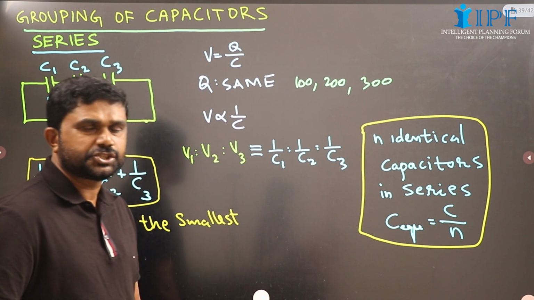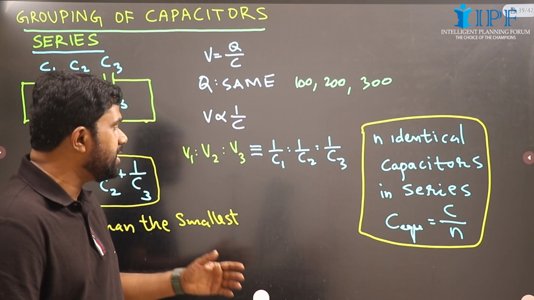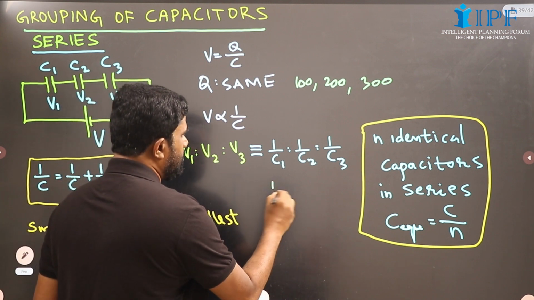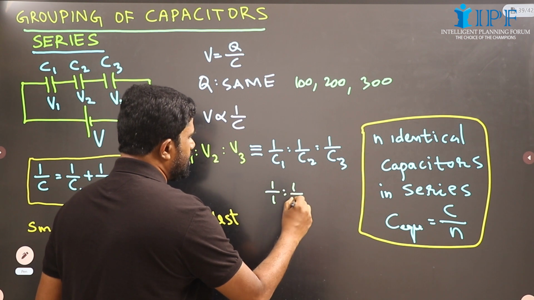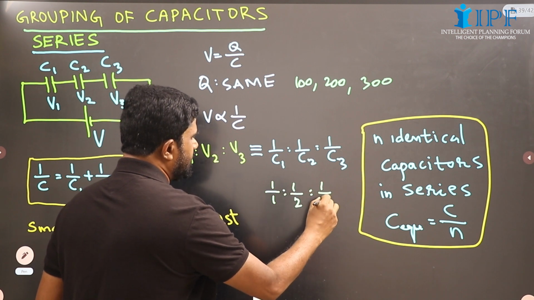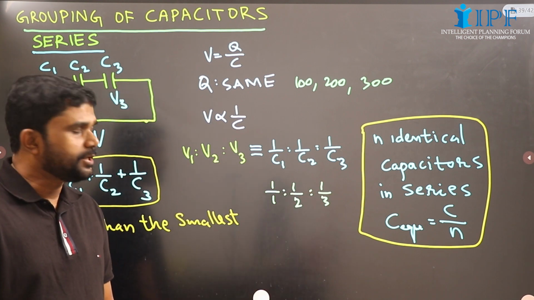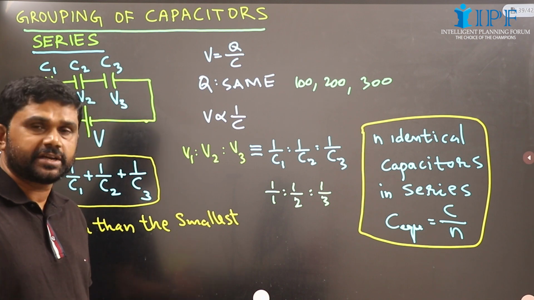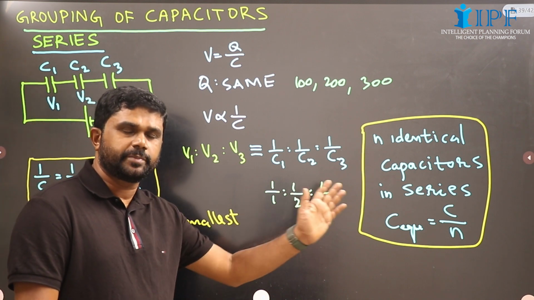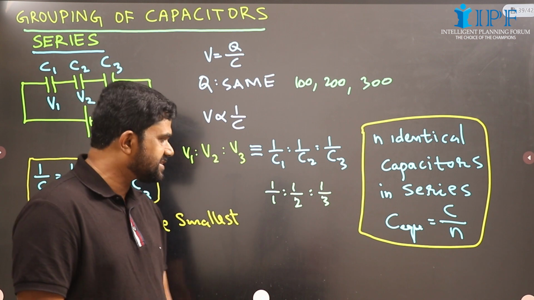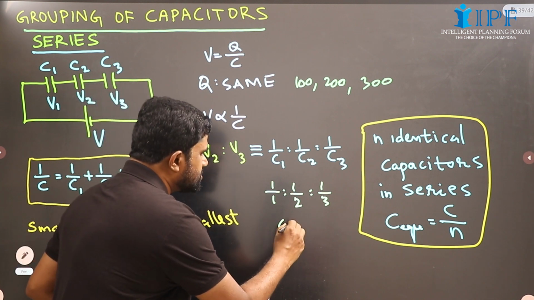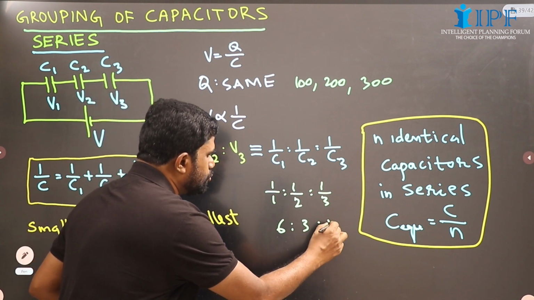So the ratio of the capacitances will be, see, it will be 1 by 1 is to 1 by 2 is to 1 by 3. Okay. See, to make this a simple ratio, you have to multiply throughout by LCM. That is 6 here. So it will be 6 is to 3 is to 2.